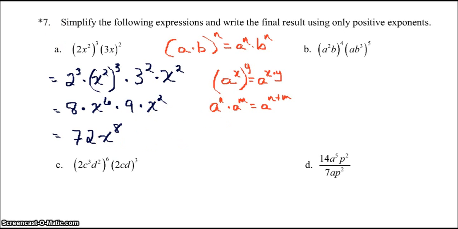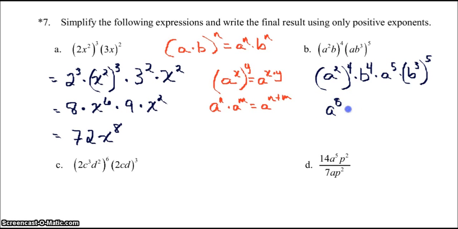Part B, we can pretty much use the same rules. This is a squared to the 4th times b to the 4th times a to the 5th times b cubed to the 5th. A to the 8th times b to the 4th times a to the 5th times b to the 15th.